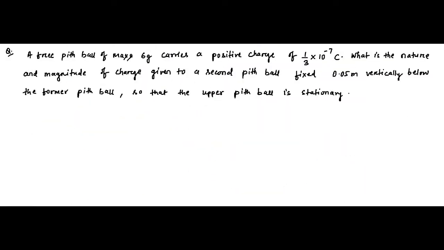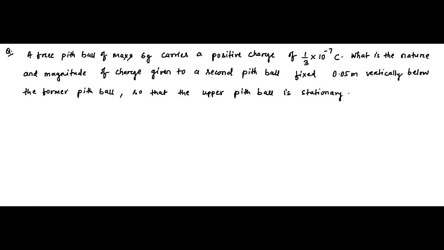Hello friends, so here is another question on electric charge and Coulomb's law, and the question is that a free pith ball of mass 6 grams carries a positive charge of 1/3 into 10 to the power minus 7 Coulomb.